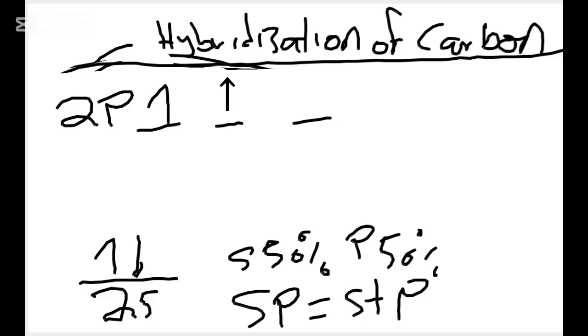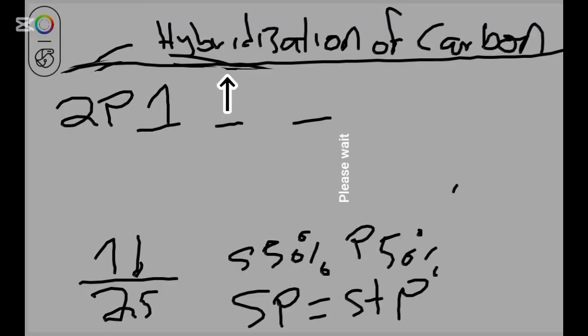And there are 2 of them, since we use 1s and 1p orbital, or 2 orbitals, to make the sp hybrid orbital. There must be 2 hybrid orbitals. So if you mix 3 atomic orbitals, you should get 3 hybrid orbitals. If you mix 4 atomic orbitals, you should get 4 hybrid orbitals.